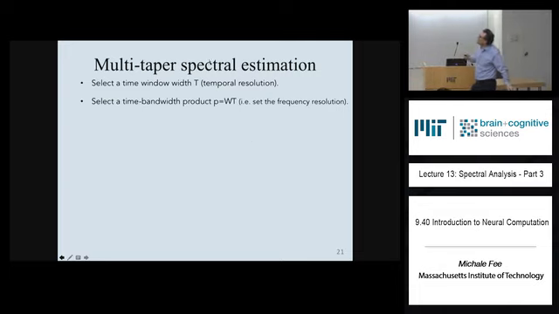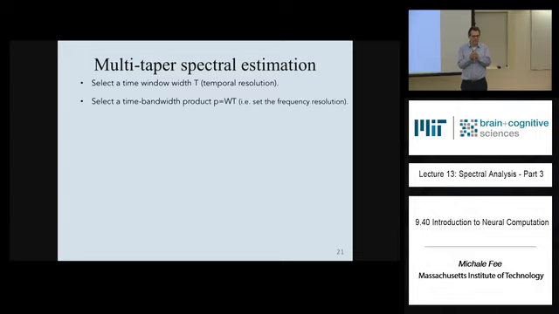Okay, so here's the procedure that you use, and this is what's in that little function wspec.m, okay? So you select a time window of a particular width. How do you know what width to choose? Yep, that's part of it.